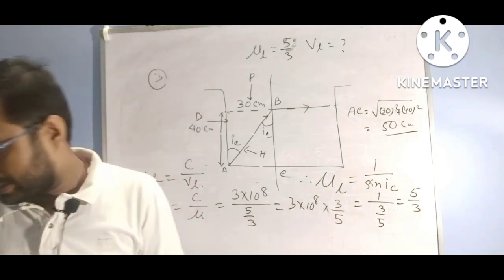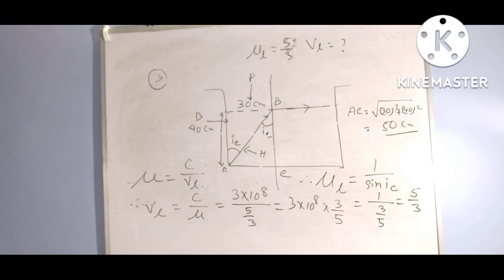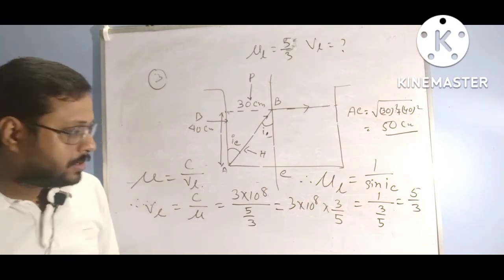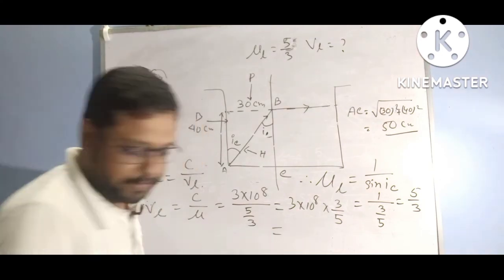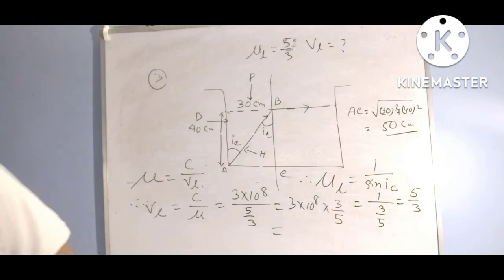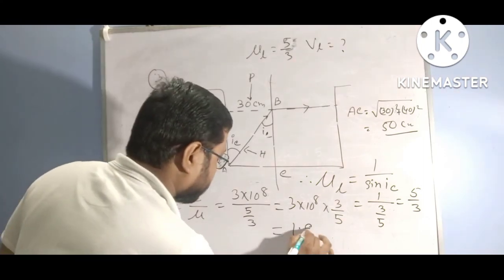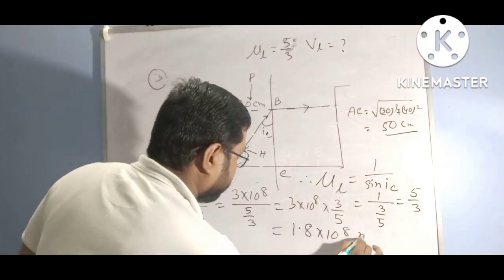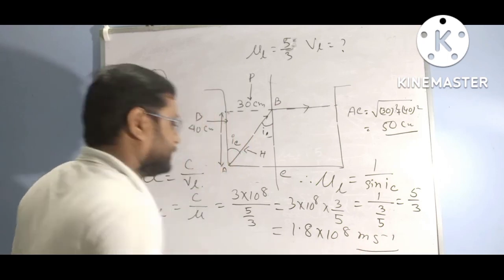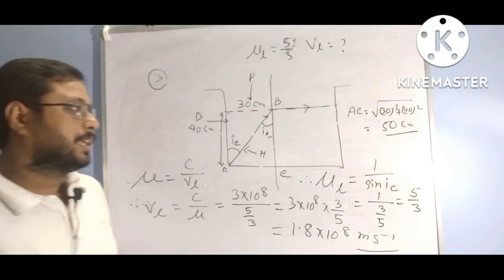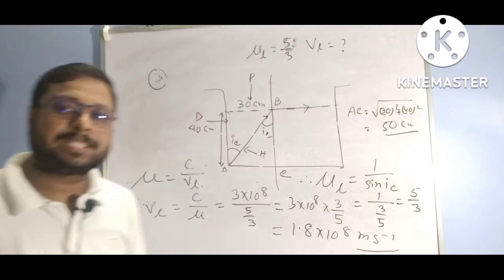So we get the value 1.8 into 10 to the power 8 meter per second. I hope you all understand this.